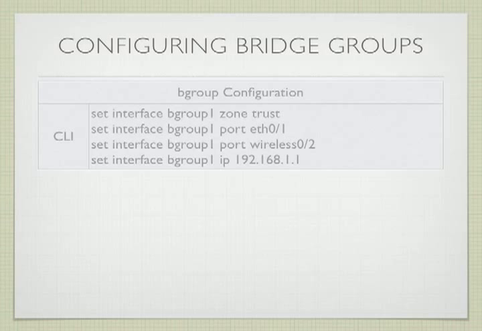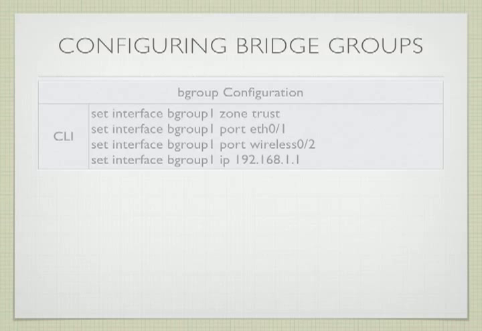It's displaying a little funny. It's not an I, it's the number 1. So set interface B group 1 zone trust, set interface B group 1 port Ethernet 0/1. ETH 0/1 is now a part of that B group, and wireless 0/2 is now a part of that B group, and then we set the IP address.